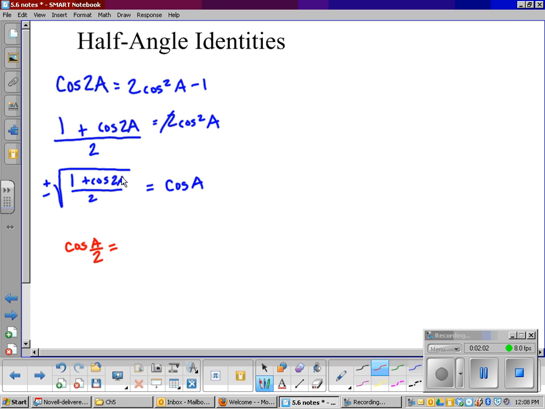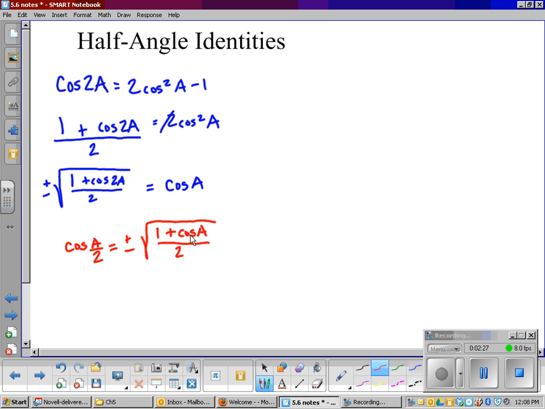A is half of 2A. So if I call it A over 2, then when I write my square root fraction over here, I just need to take twice this angle. 2A is twice A, so this angle right here has to be twice A over 2. 2 times A over 2 simplifies to just A.